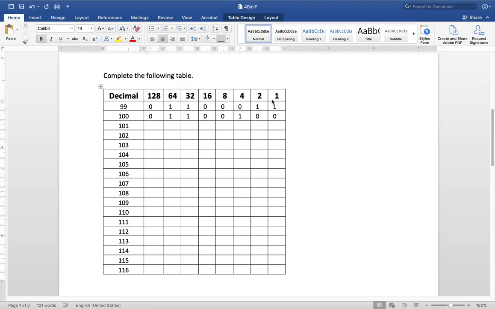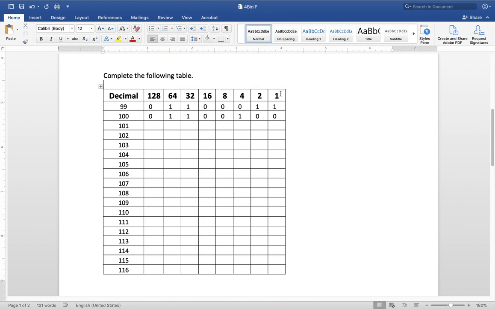So we start with 1, and then the next number you get is the previous number multiplied by 2. So 1 multiplied by 2 is 2, 2 multiplied by 2 is 4, 4 multiplied by 2 is 8, 8 multiplied by 2 is 16, 16 multiplied by 2 is 32, 32 multiplied by 2 is 64, and 64 multiplied by 2 is 128.